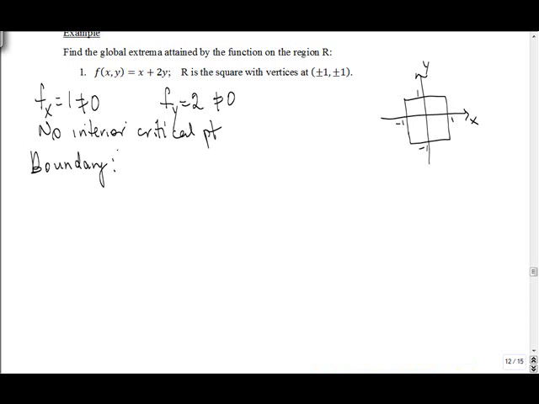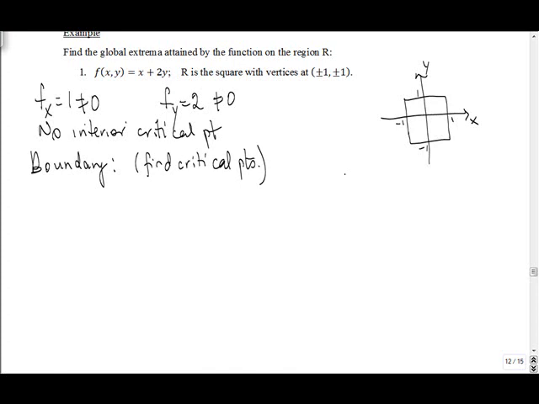Now what do we mean? So on the boundary we need to find the critical points. If you look at the square, the boundary is made up of 4 lines, right? So you need to take each line in turn and put it into the function.